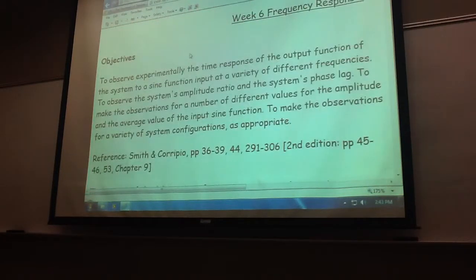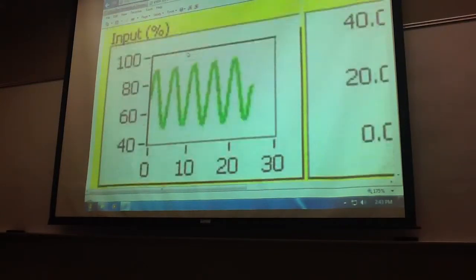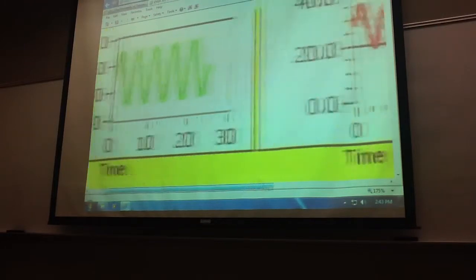Frequency response. We're going to observe the output function when you put a sine wave in. So the input is going to be a sine wave, and the output is also going to be a sine wave.